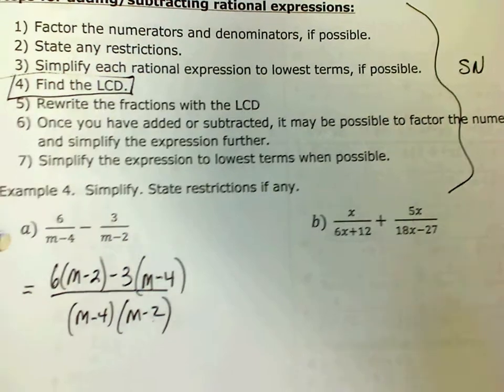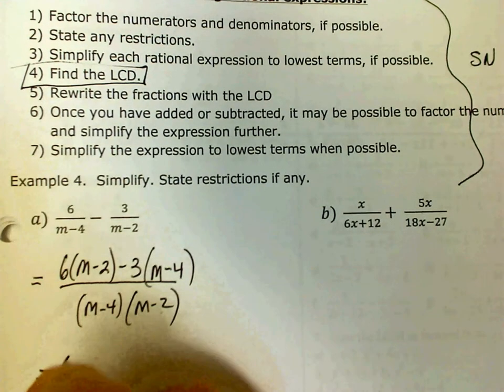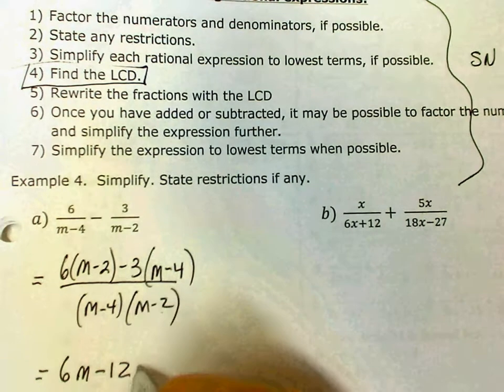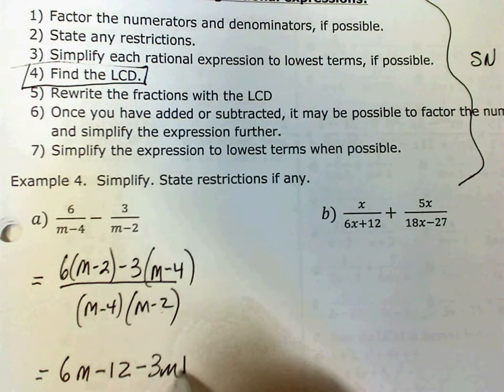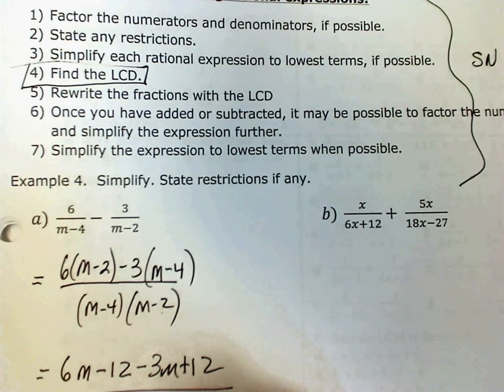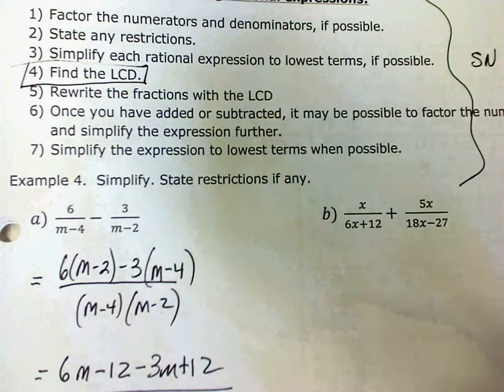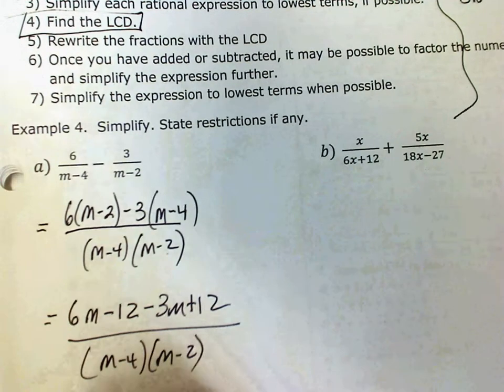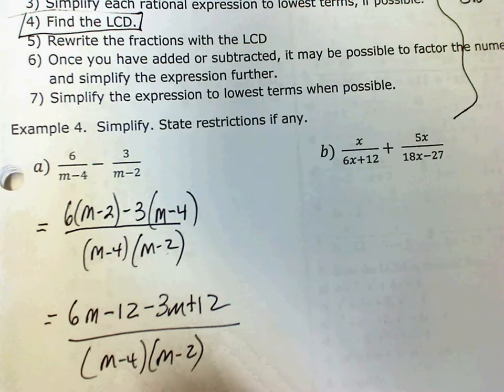So this is equal to 6m minus 12 minus 3m plus 12 all over m minus 4 times m minus 2. Let's reduce. We have 3m, right?